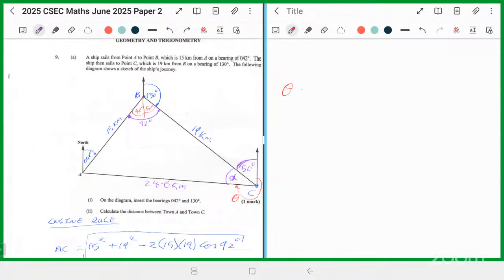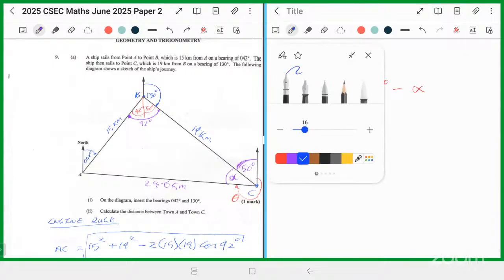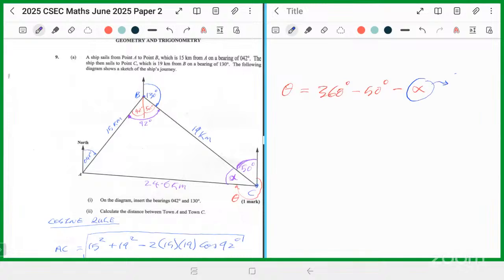The bearing angle theta is going to be 360 minus the 50 and minus the alpha, and for alpha we use the sine rule.